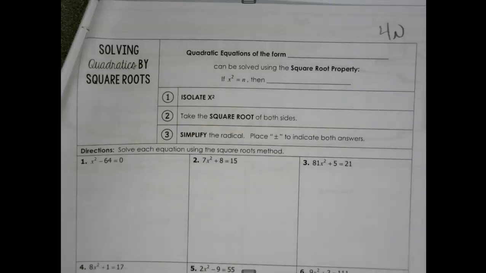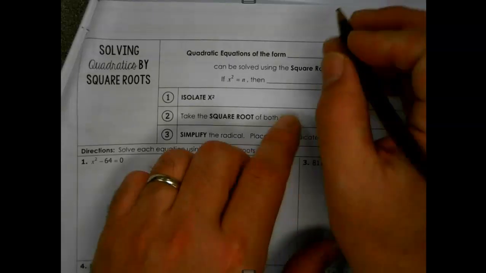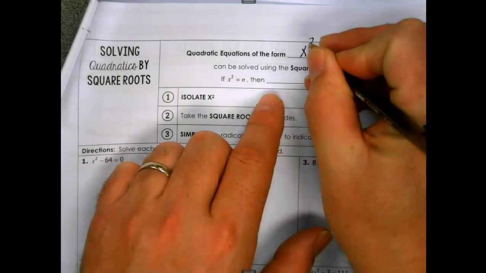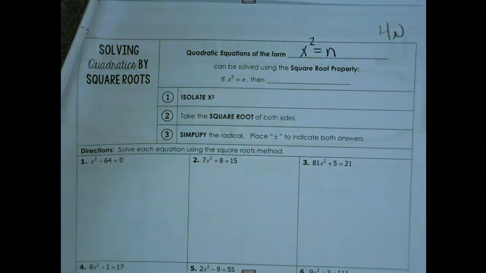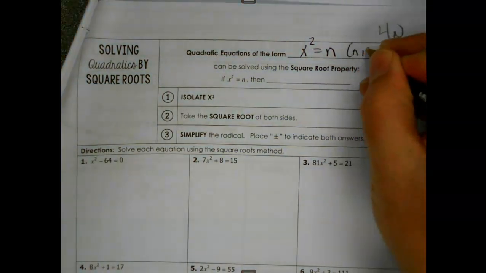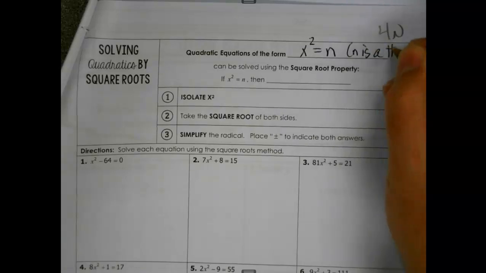We are going to tackle solving by square roots, and we might have to flip back a time or two to our chart from yesterday to help us out. When we solve by square roots, the equations are going to be very generic: x squared equals n, where n is just a number.